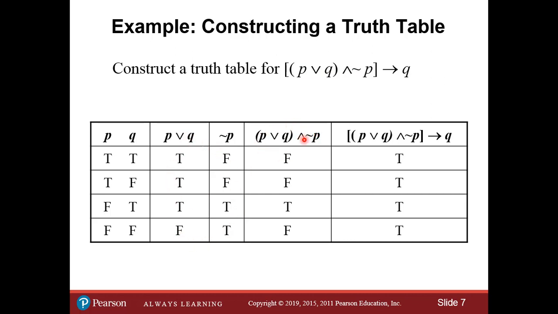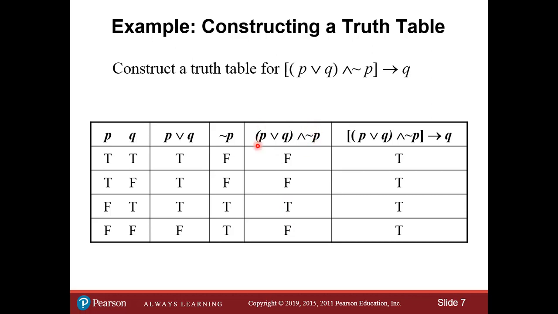And now this is an and statement. Okay, so that means that this is going to be true only when both statements are true. So we're going to look down this row and find T, T. So this one is the only one that has both T. So it's F, F, T, F.